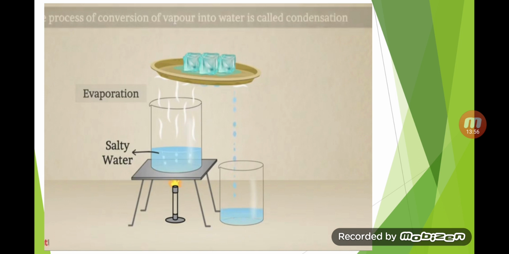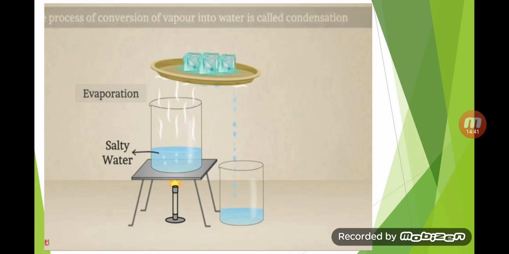Now suppose the water vapor coming out from the beaker is allowed to pass through a cooler region. What happens? That water vapor gets condensed, a process called condensation, and the water vapor changes into water droplets, which settle and are deposited in another beaker, and you can get clear, pure water in the other beaker and pure salt in the first beaker.